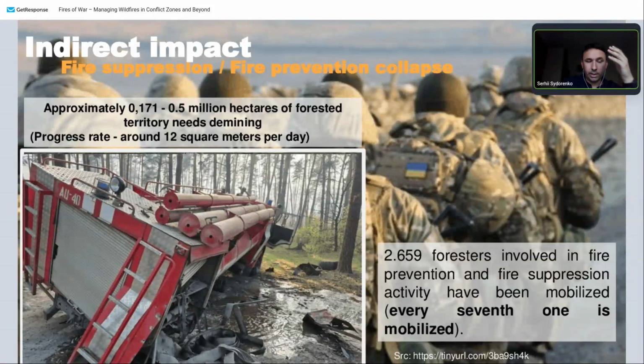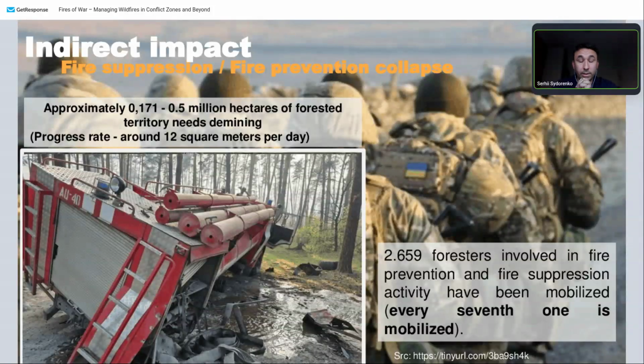So this territory now can't be used for interventions by firefighters, and also there is no fire prevention treatment. There is no development of fire barriers on the territory. There is no thinning.